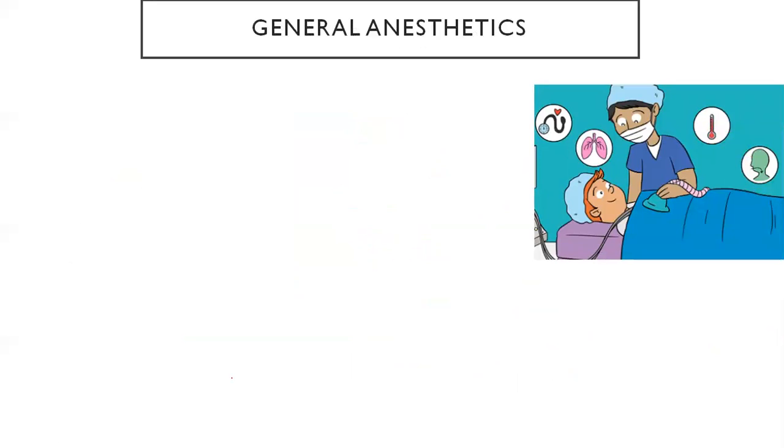Now coming to general anesthetics. Why do we give this? We are trying to obtain a medically controlled coma for surgery. Remember one very important thing in GA: the onset of GA is inversely proportional to the solubility of the drug in blood.